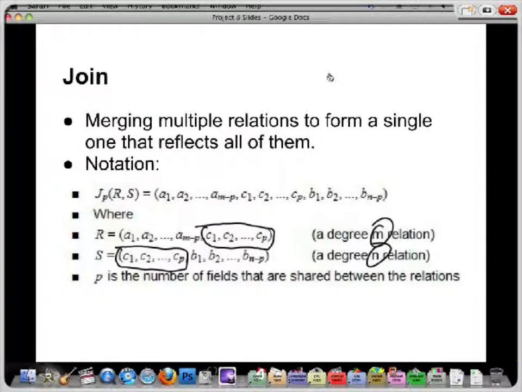Every element of R is going to have some elements in common with an element of S, because each element of R is an ordered m-tuple. So we're going to merge these into this new relation, J of P, where P represents how many elements they share in common.